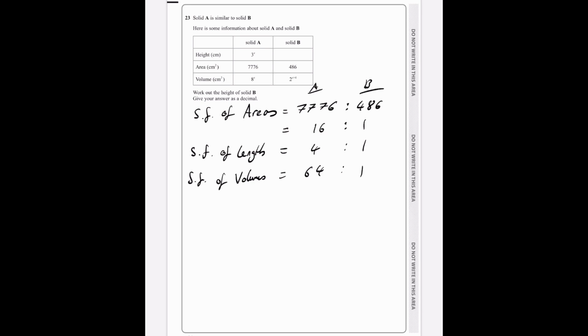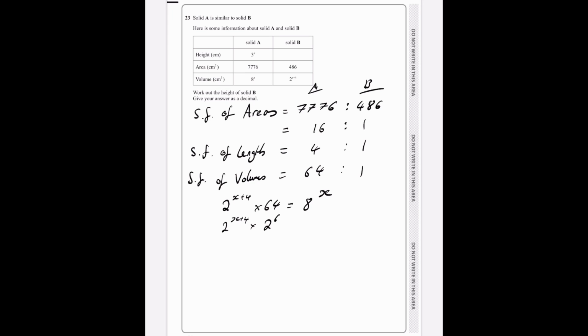Now, it gives us some information about both shapes for the scale factor of volumes. We know that it's 8 to the power of x to 2 to the power of x plus 4. So if we take the smaller shape, solid B, and multiply its volume by 64, we'll get the largest shape.